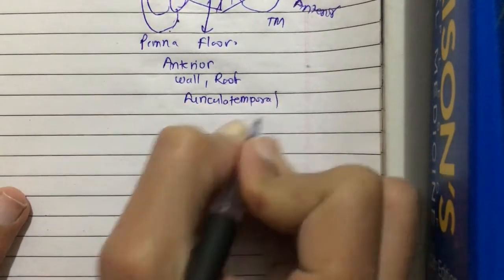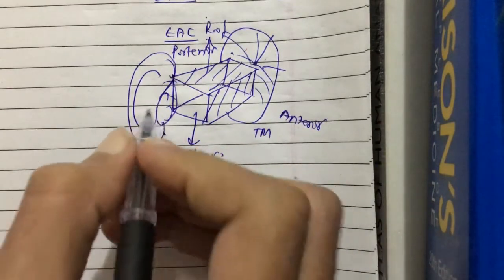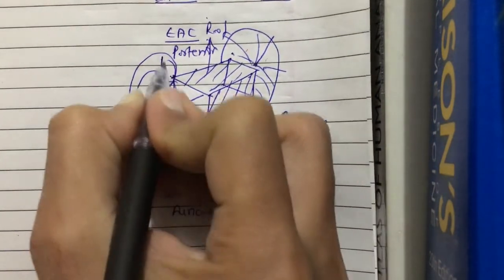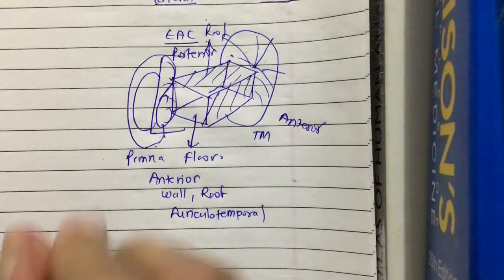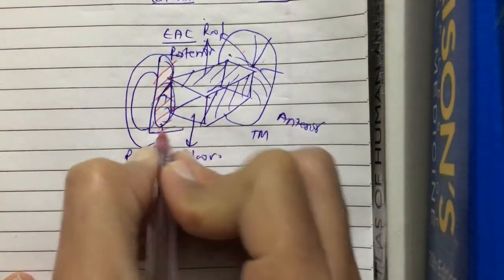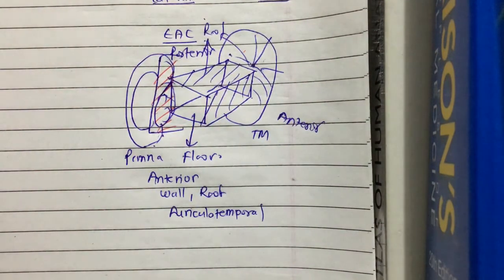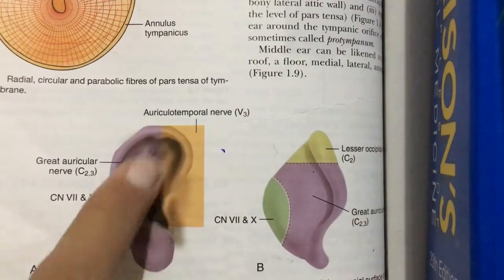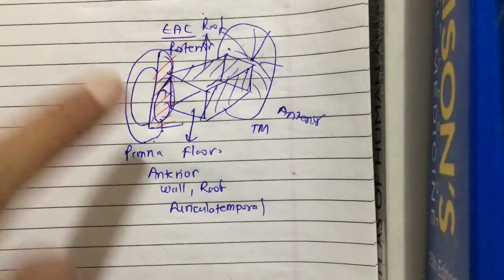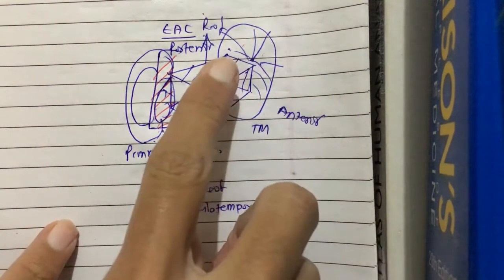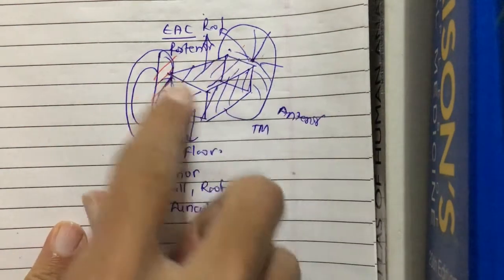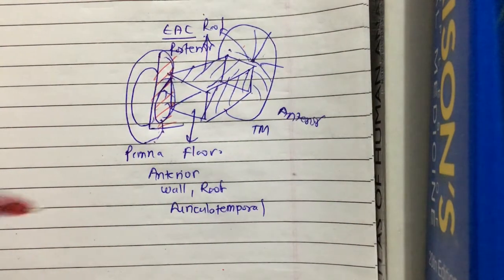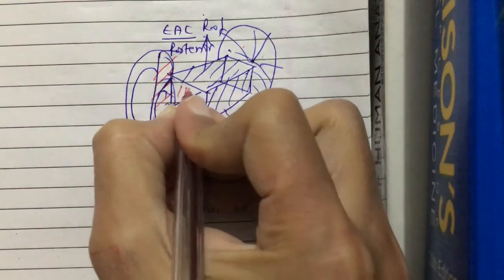The same nerve which was supplying this part of our pinna. The auriculotemporal nerve supplies the upper part, that is the roof, and the anterior part.